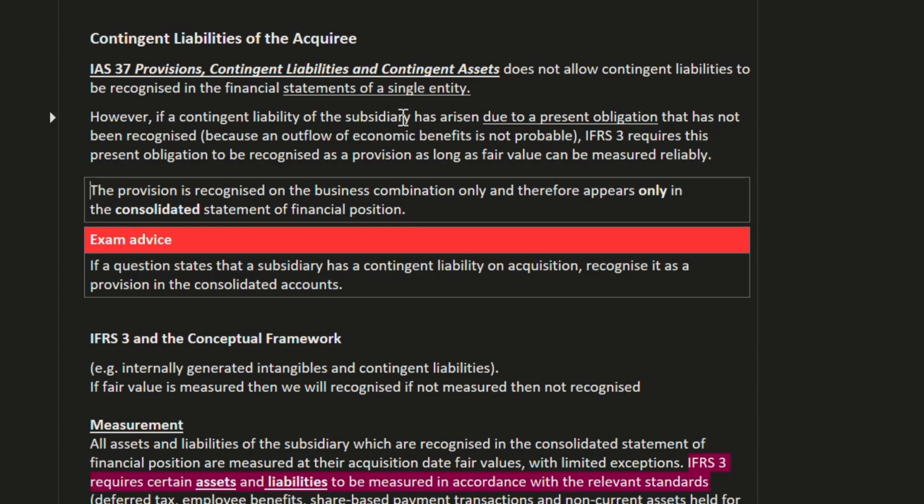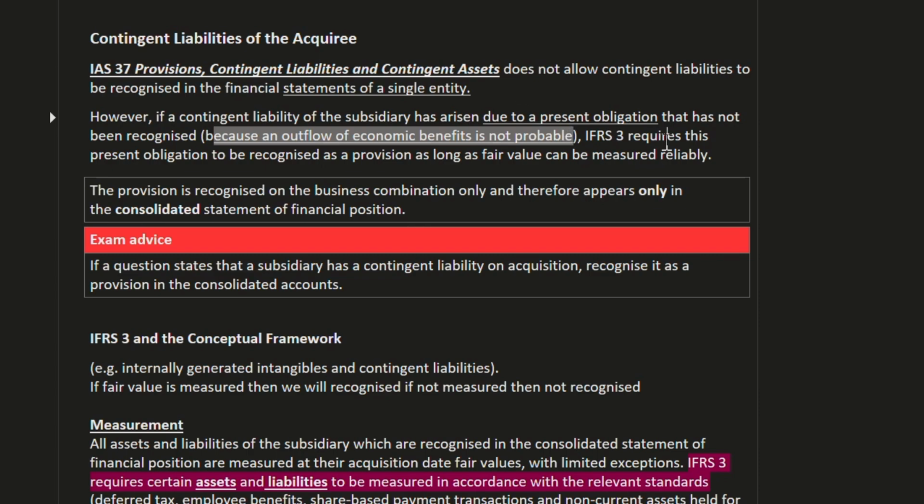However, first important point, if a contingent liability of the subsidiary has arisen due to a present obligation that has not been recognized because an outflow of economic benefit is not probable, we didn't recognize it.